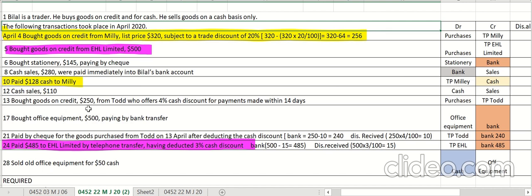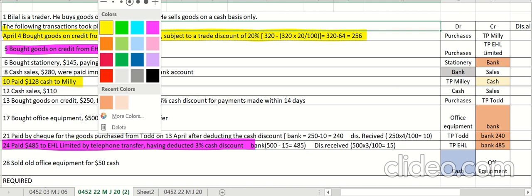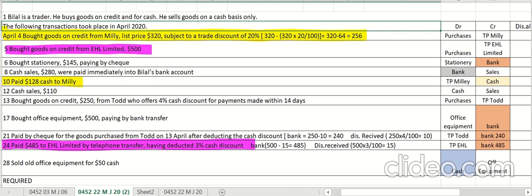And then bought goods on credit 250 from Todd, who offers 4% cash discount for payment within 14 days. Therefore, purchases account debit TP Todd account credit. So any other transaction which is related to Todd, let's have a check.